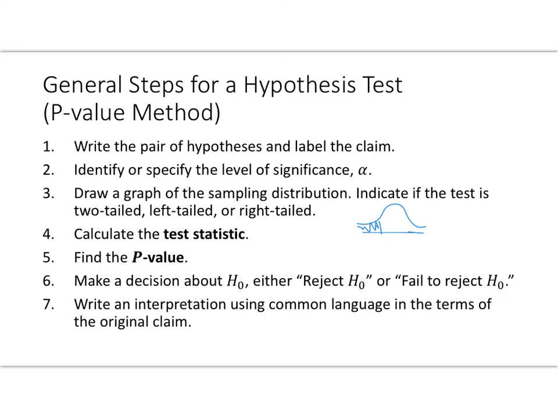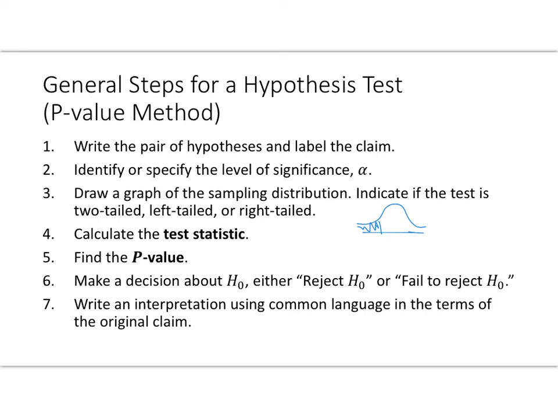Then you're going to calculate the test statistic. A test statistic is a value used in making a decision about the null hypothesis. It is found by converting the sample statistic, so p hat, x bar, or s, to a score, so z-scores, t-scores, chi-squared.